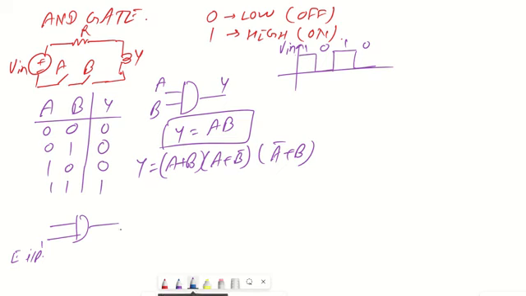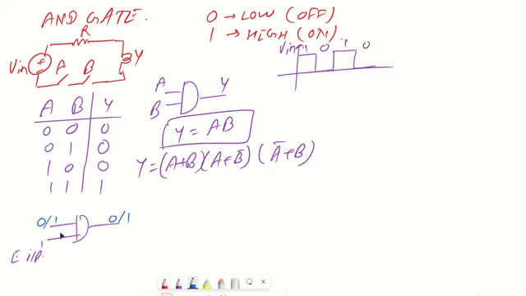If my other input is 0, my output will be 0. If my other input is 1, my output will be 1. So keep one of the inputs as 1 and the other input will be able to control the output. This is why it is called the enabling input.